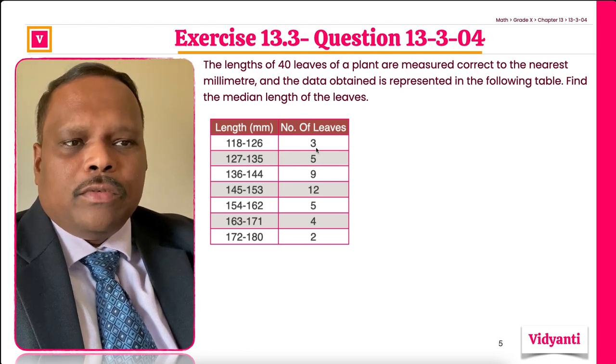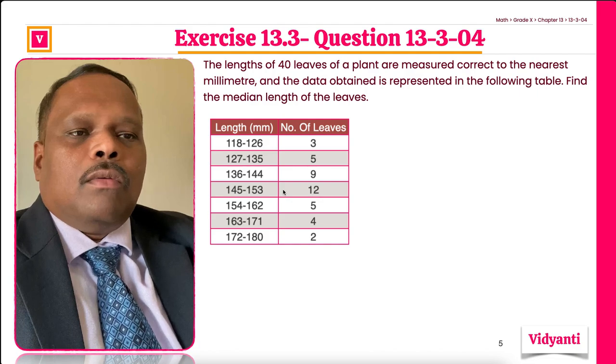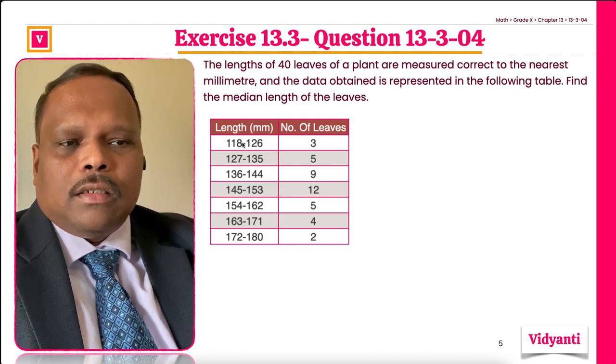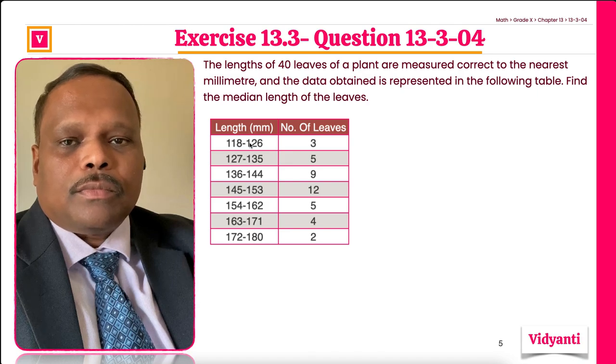So there are 3 leaves whose length is between 118 to 126 millimeters, 5 leaves between this particular range, and so on. We notice that the data, the class intervals, are not continuous.